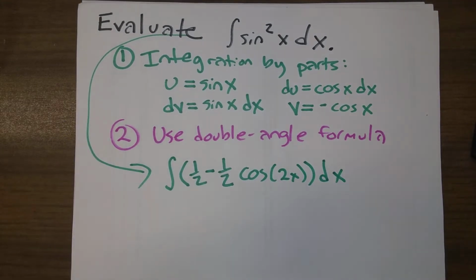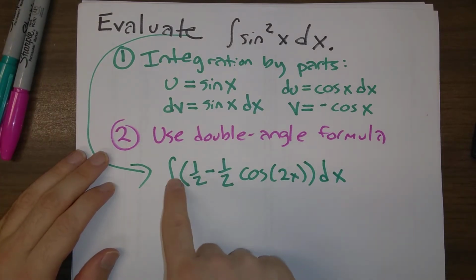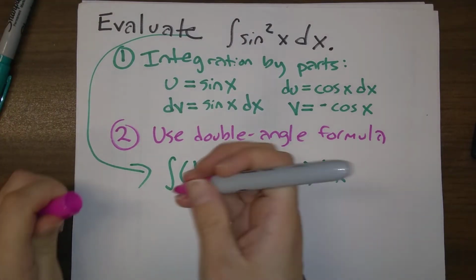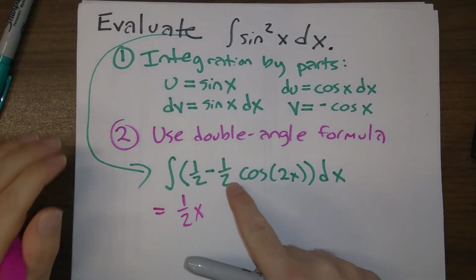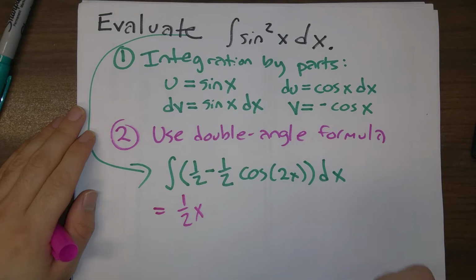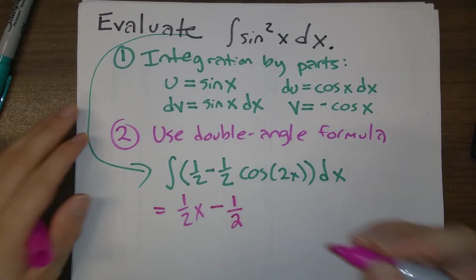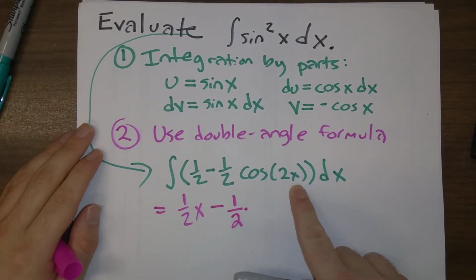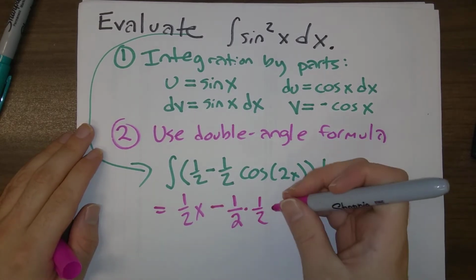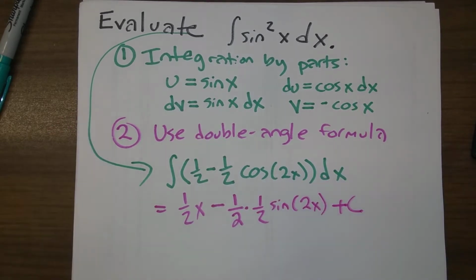Now this is something that we can do really easily. The antiderivative of 1/2 would be 1/2 x. And then the antiderivative of minus 1/2 cosine of 2x would be minus 1/2 times the antiderivative of cosine of 2x, which would be 1/2 sine of 2x, plus c.